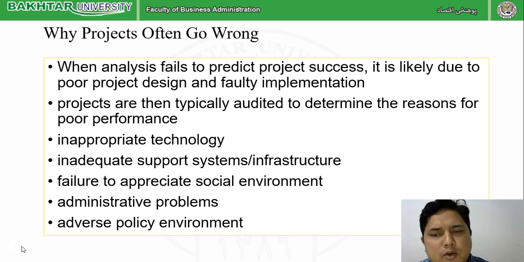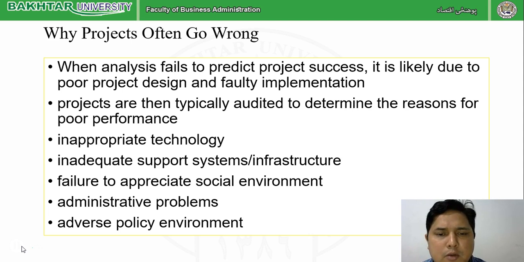Failure of appropriate social environment. It may be concerned with the environment. Sometimes there is protest against the project, because people think it may hamper their society or their social life, or it may be a security concern, sometimes a threat from different groups. These are also reasons why projects often go wrong.